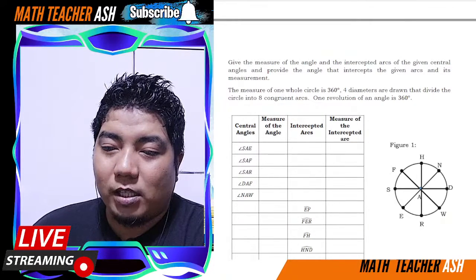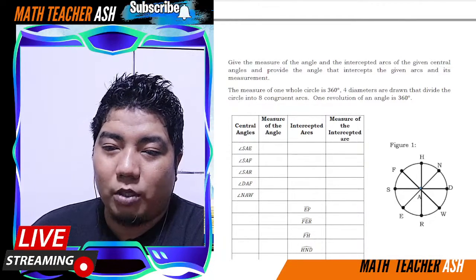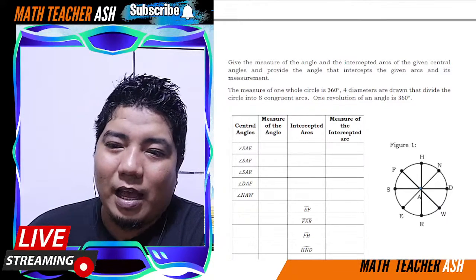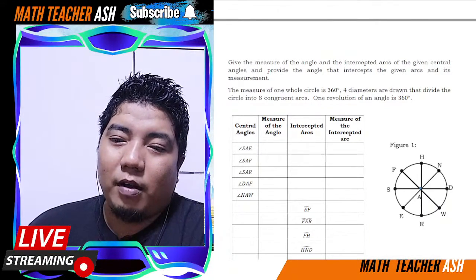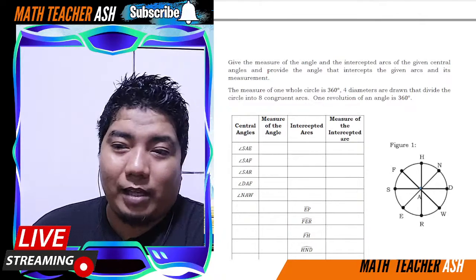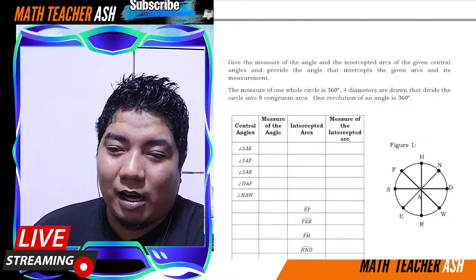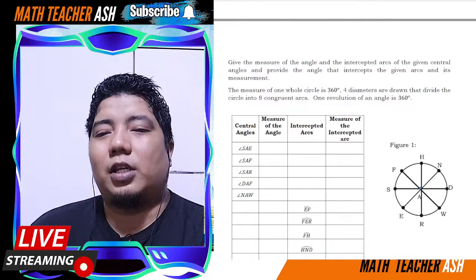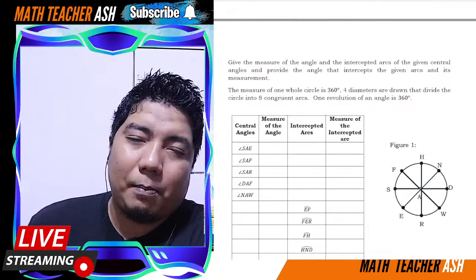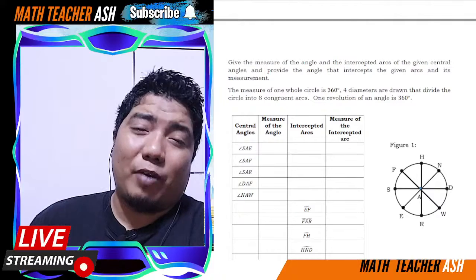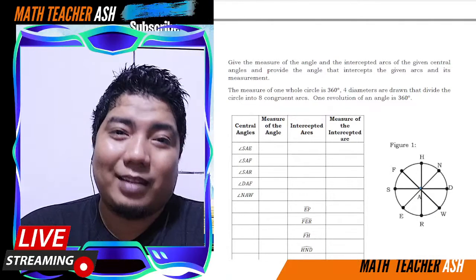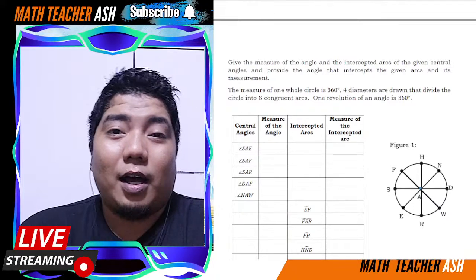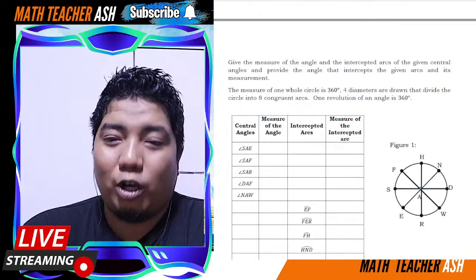We have NAW, alright. So as you can see, all the central angles have a common vertex, and that is A, right? And all these angles have the vertex in the center or in the middle of the circle. Okay, so yan ang ibig sabihin ng central angle. From the word itself, central means center.